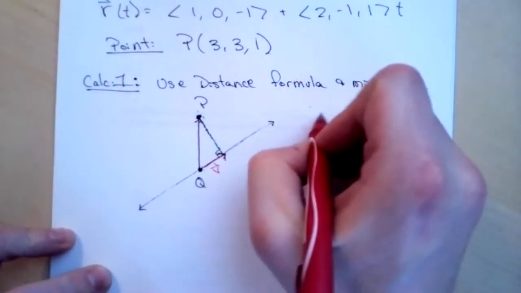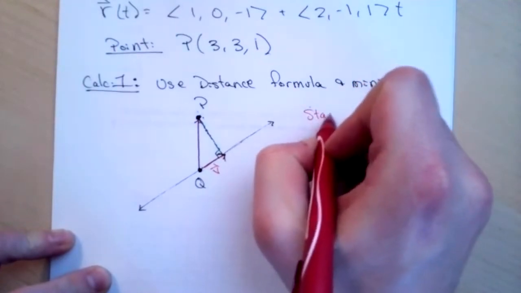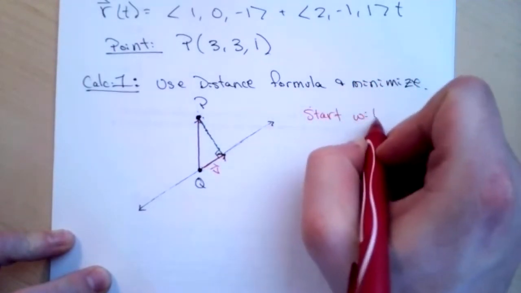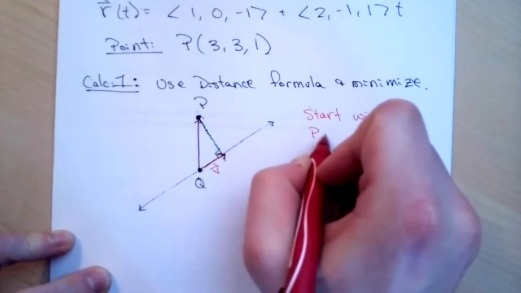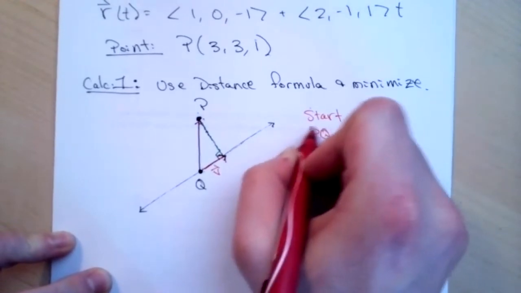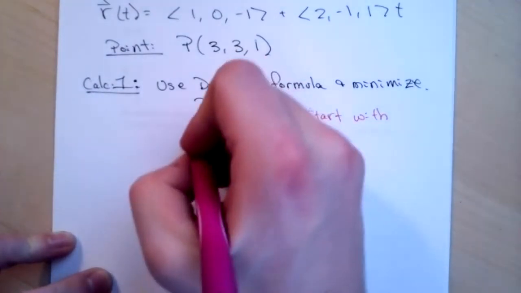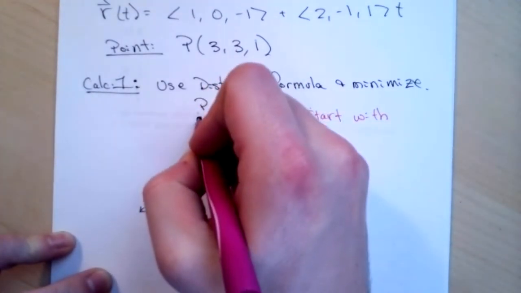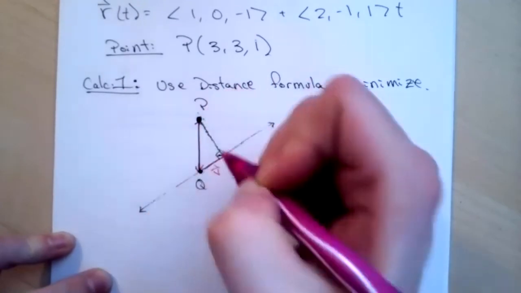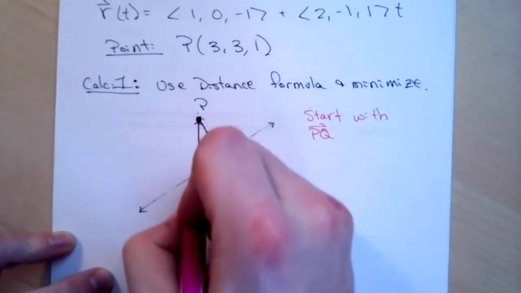So we can start with PQ. And for the sake of doing this, since we're pointing in this direction, let's go ahead and change the direction of that arrow.